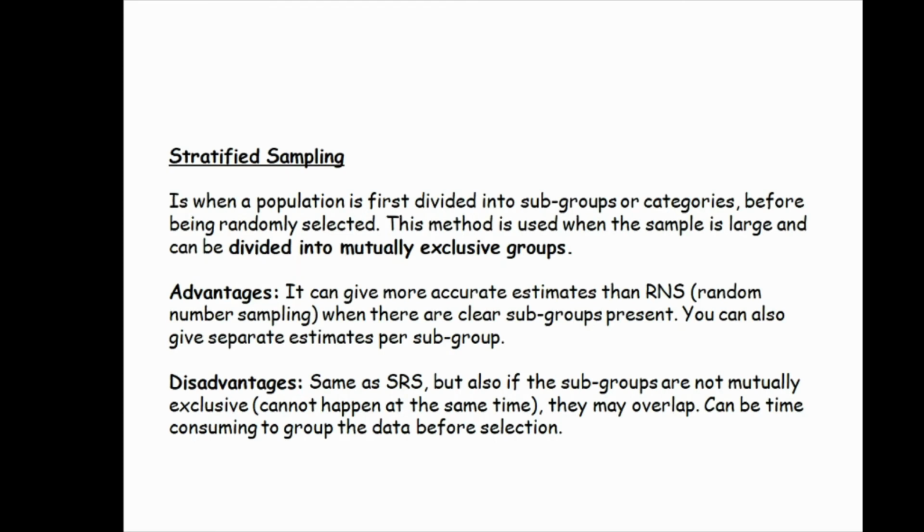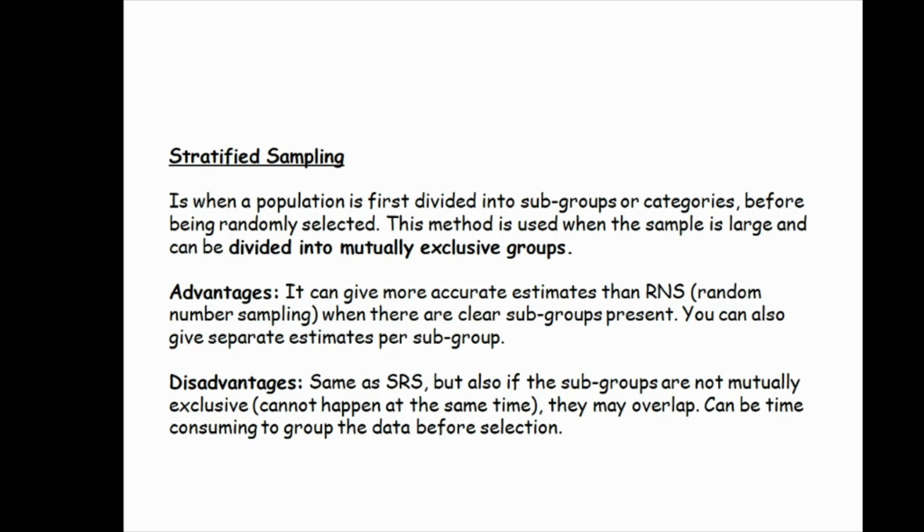So the next type of random sampling is what we call stratified sampling. This is when a population is first divided into subgroups or categories before being randomly selected. This method is used when a sample is large and can be divided into mutually exclusive groups. What this basically means is, if I go back to the whole school issue, and again I'll go through an example, in a particular year group you might find that there's more of one type of person than there are others.